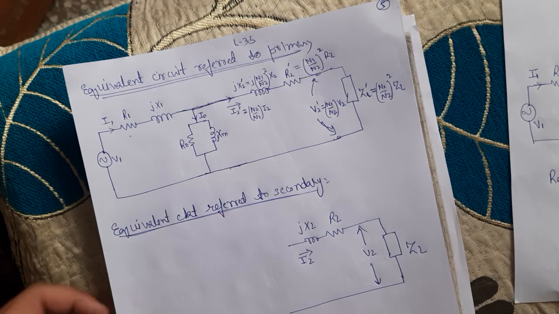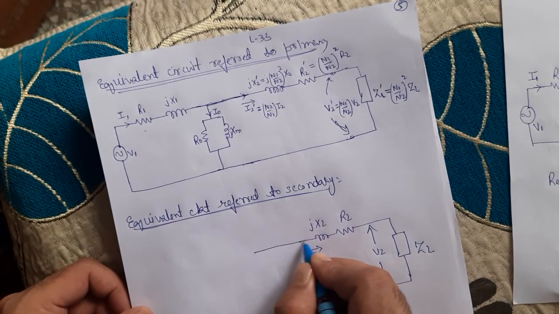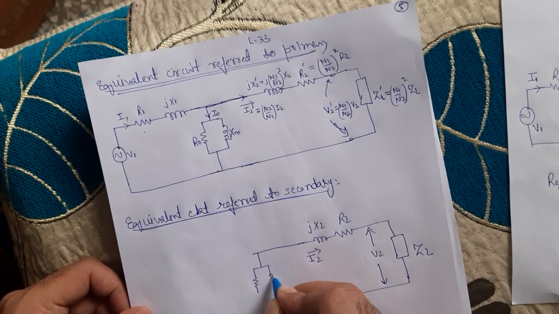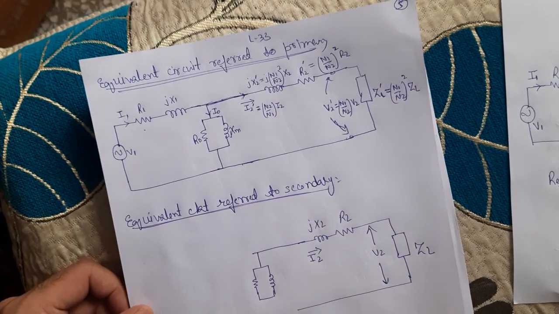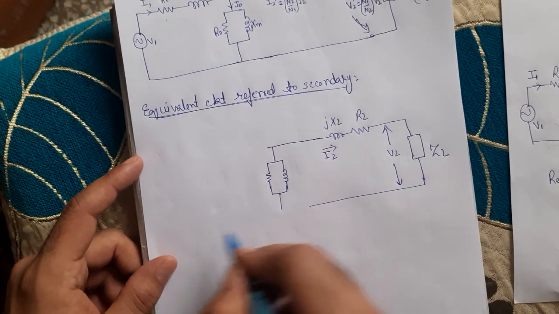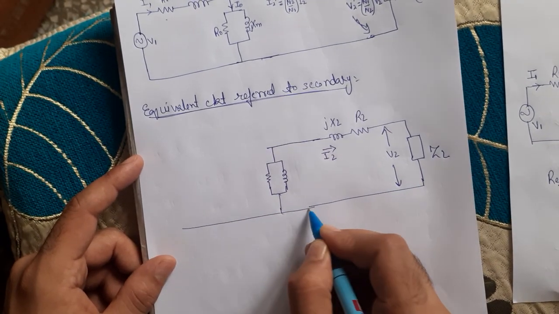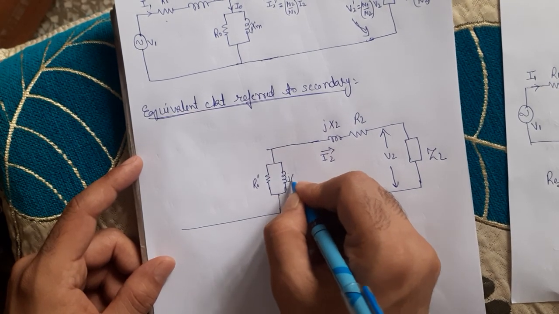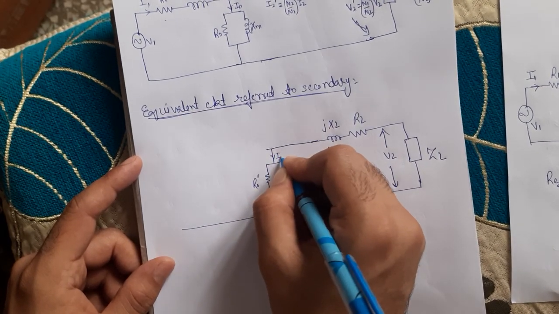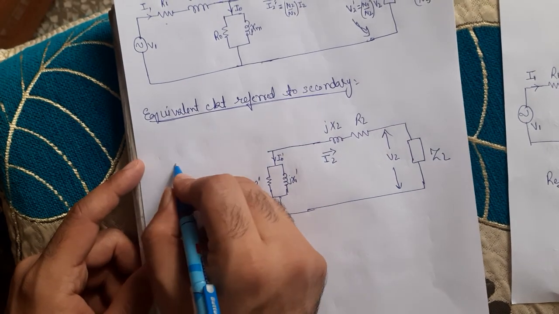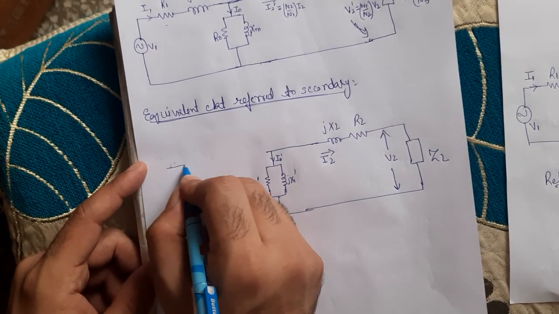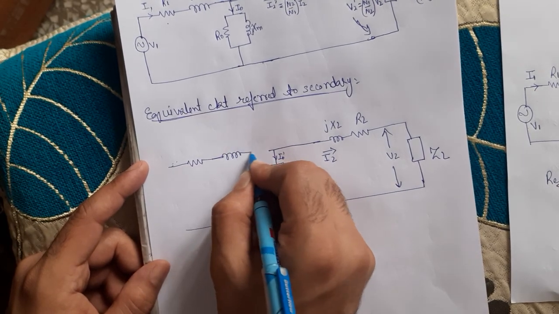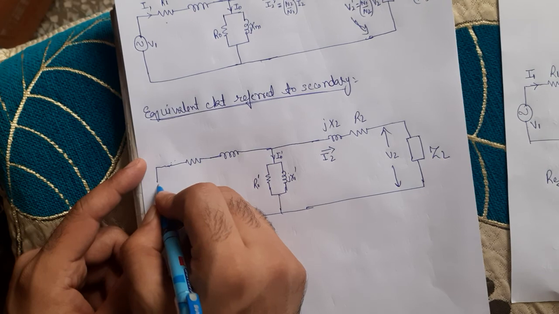So first of all, let me draw the circuit completely. So this R0 will be R0 dash, jXM will be jXM dash, I0 will be I0 dash. Okay. So here I have resistance and reactance, and here I have the voltage.